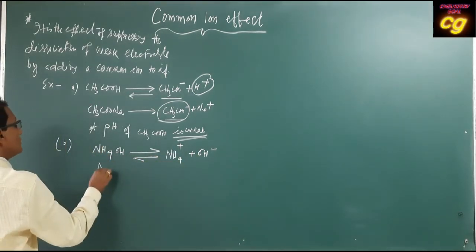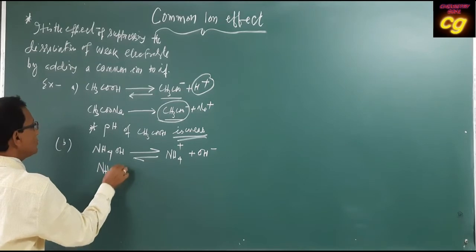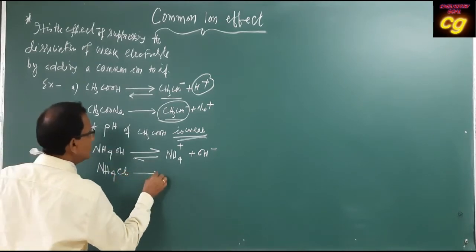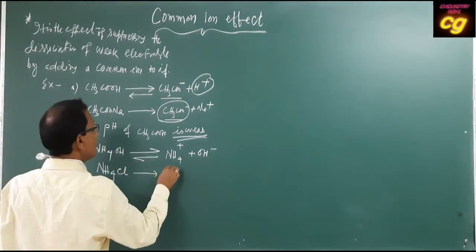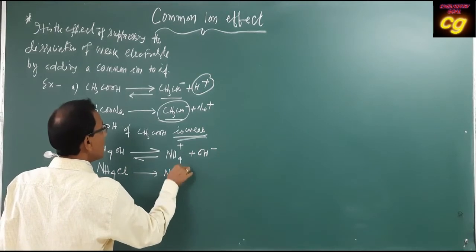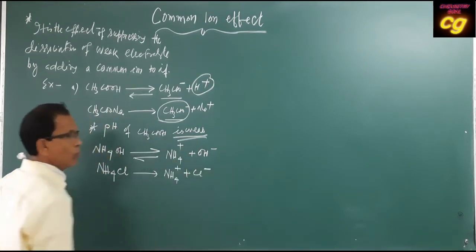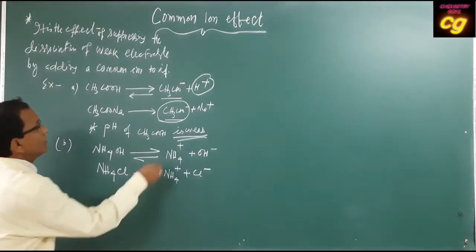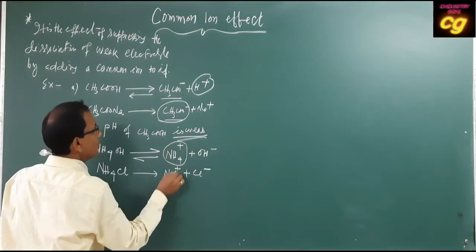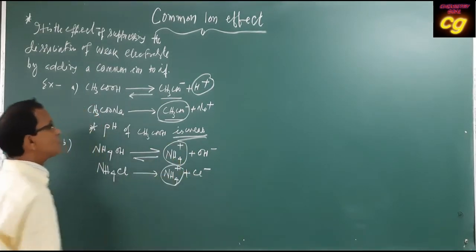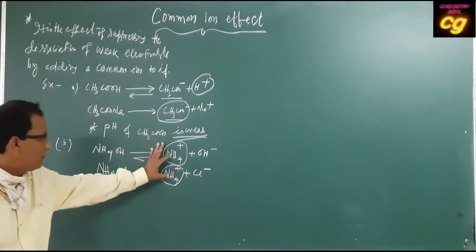Suppose you have one strong electrolyte, that is ammonium chloride salt. It is highly soluble in water and produces ammonium ions and Cl minus ion. Which ion is common? Here ammonium ion is common in this solution.